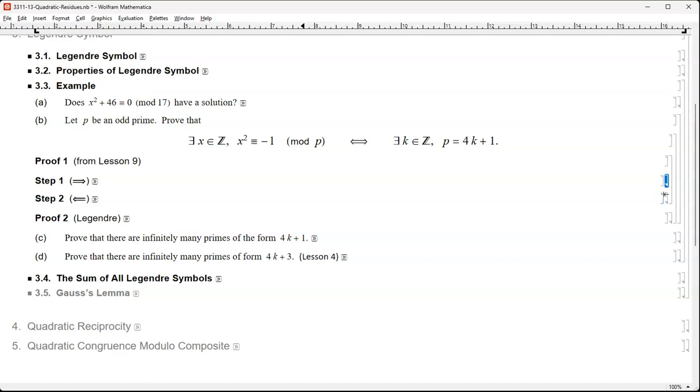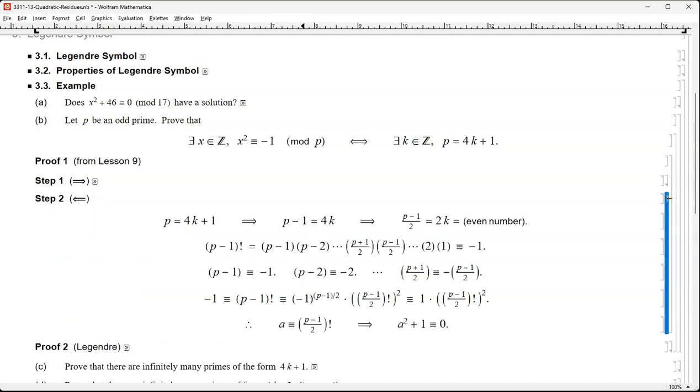Now, how about the opposite direction? Oh, this is bad. We are using Wilson's theorem this time. Let's see. p is 4k plus 1, so p minus 1 is 4k, so divide by 2, we still have an even number, remember that. And then apply Wilson's theorem. p minus 1 factorial is congruent to negative 1.